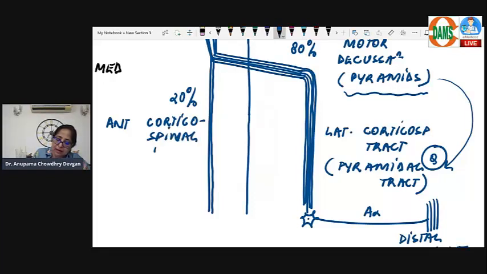Anterior corticospinal tract will supply the axial muscles. This is involved in posture, right? So these are the anterior corticospinal tract, 20%. So anterior corticospinal tract is the uncrossed tract.